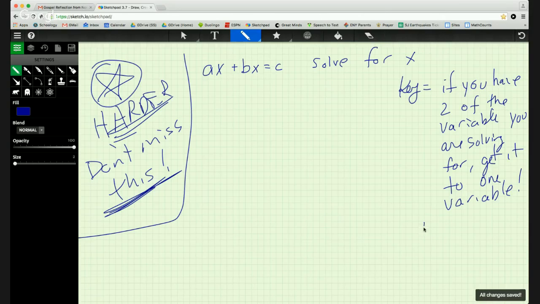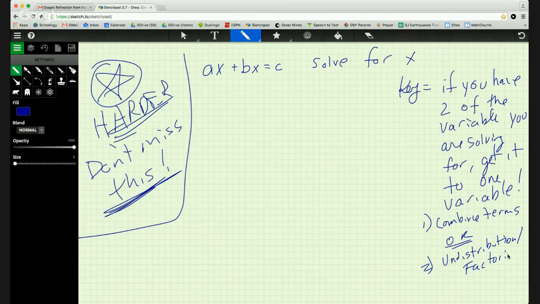That means sometimes you have to combine terms or undistribute, which is also known as factoring. These are going to be your 2 keys to do this.